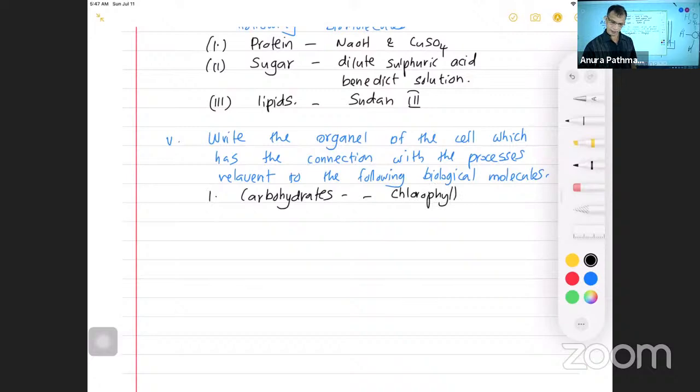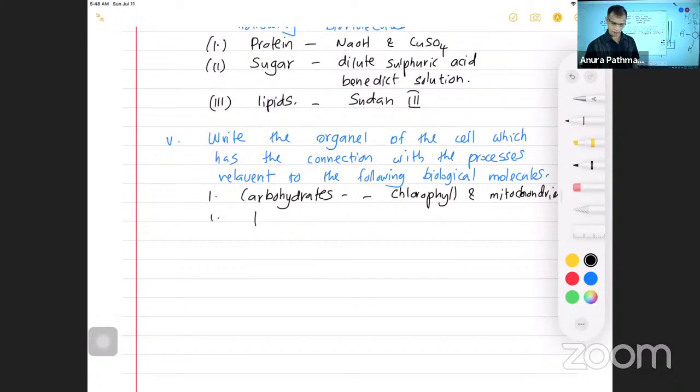Chlorophyll and mitochondria. Chlorophyll will make the carbohydrates, and mitochondria will use it for cellular respiration. You have to think from different angles. It's not the same thing that is appearing in the textbook.